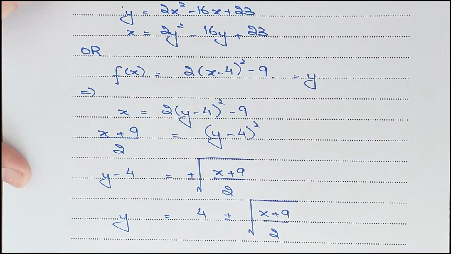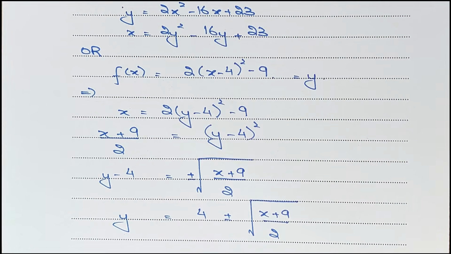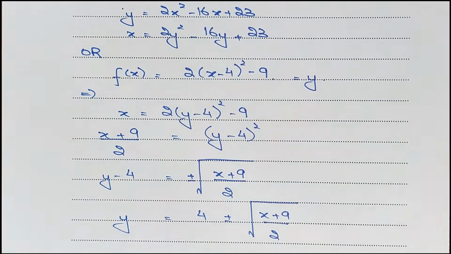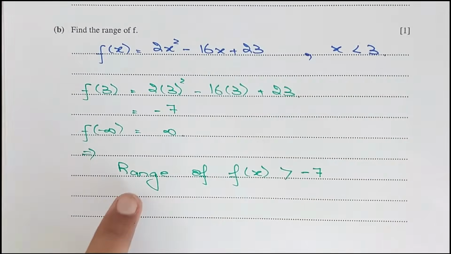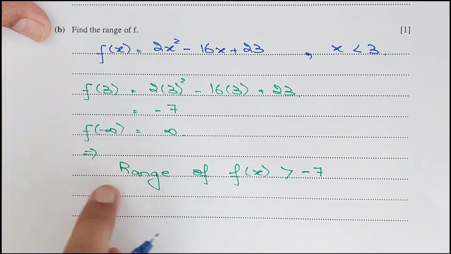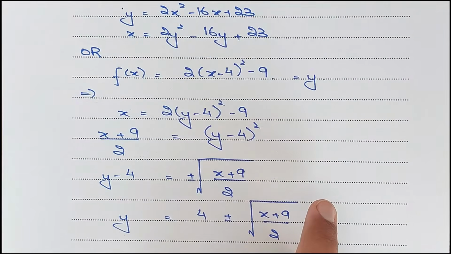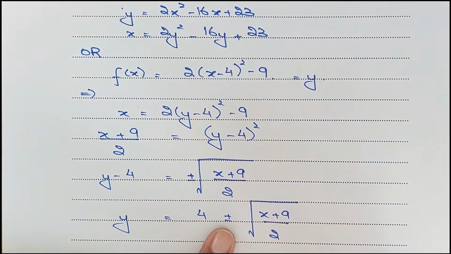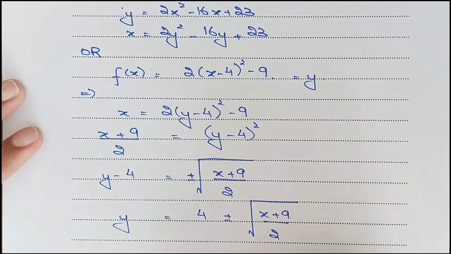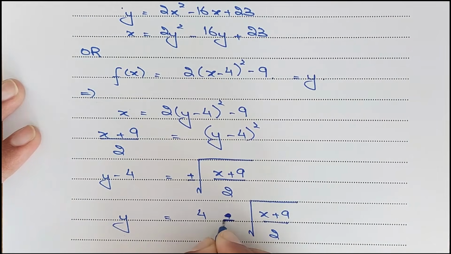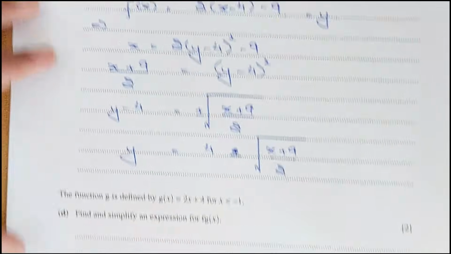All right. Now, as we know, the domain of f is the range of f inverse, and the range of the function should be the domain of f inverse. The range of the function is all the values that are greater than minus 7. So that is why we are taking the negative one, not the positive one, right?